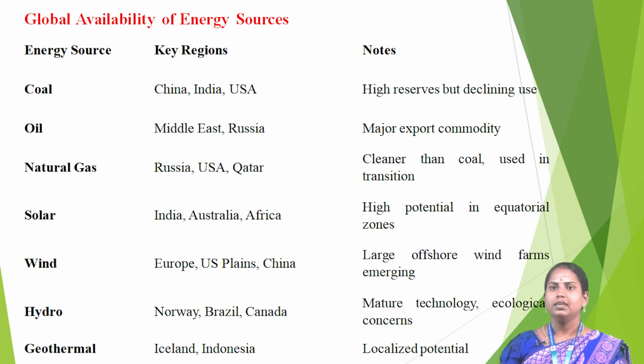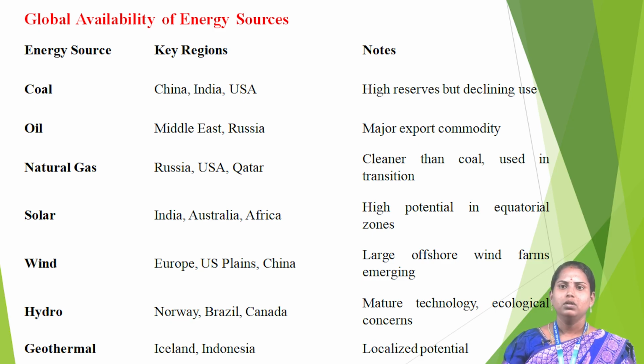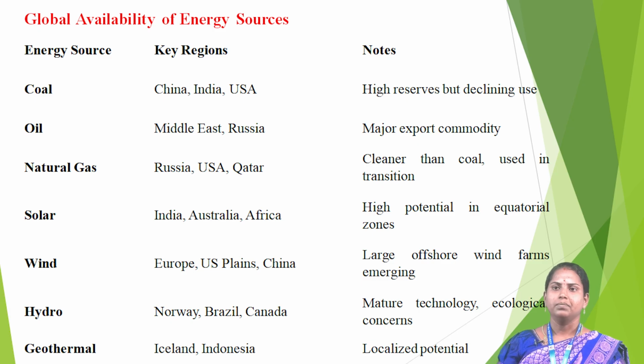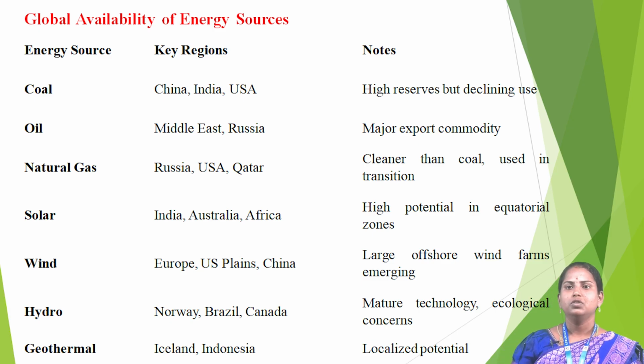Solar: India, Australia, Africa have high potential in the equatorial zone. Wind: Europe, US, and China, with large offshore wind farms emerging. Hydro: Norway, Brazil, and Canada. Mature technology, with ecological concerns. Geothermal: Iceland, Indonesia, localized potential.